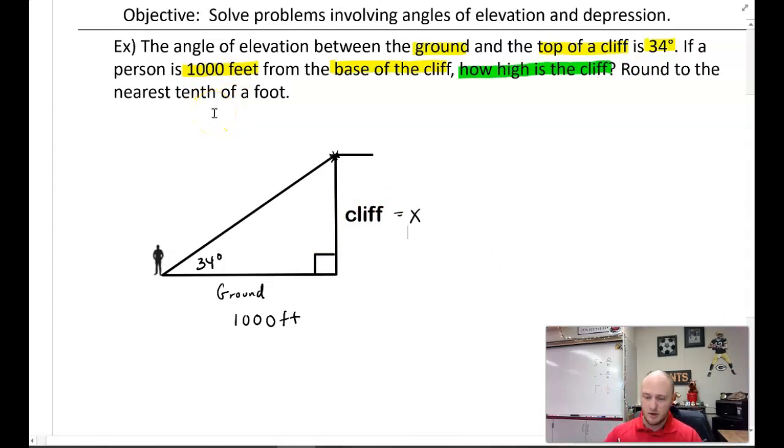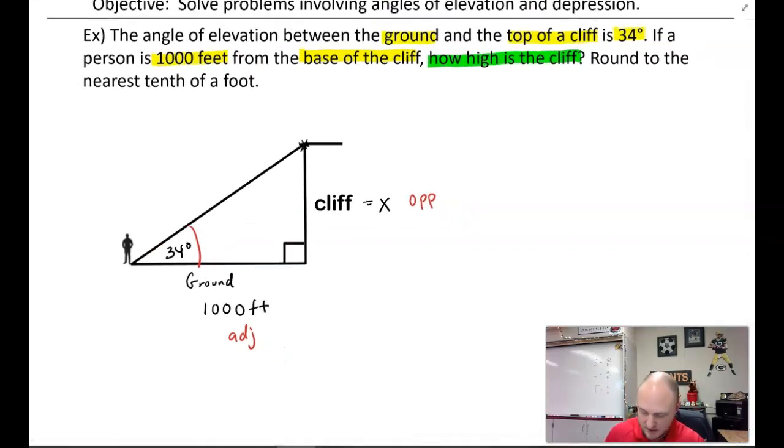Alright, so what did they give us? They gave us an angle, which is here. We need to find the opposite side, and we're given the adjacent side. So the function with SOHCAHTOA is tangent of 34 degrees is equal to the side opposite over the side adjacent.